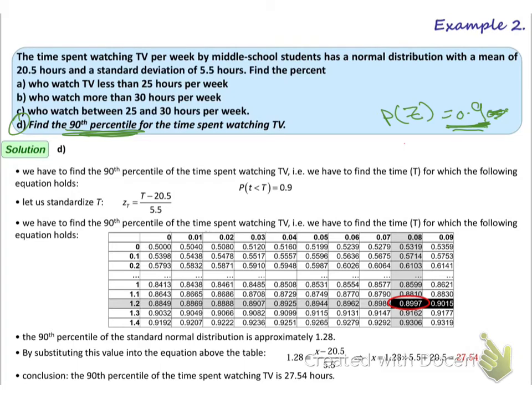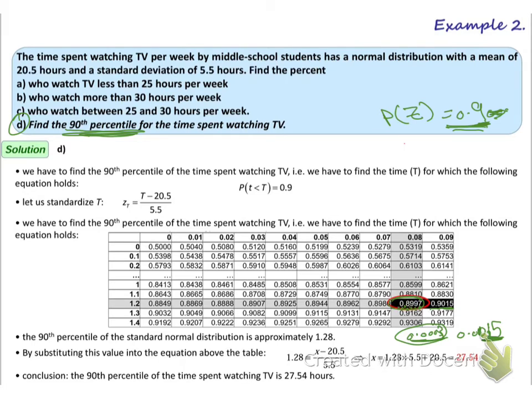I have 0.915 and I have 0.8997. So this one is very close because it's just 0.003 far away. But this one is 0.015, which is more. The gap is more. So this one is closer. Okay, so this one will be my answer.